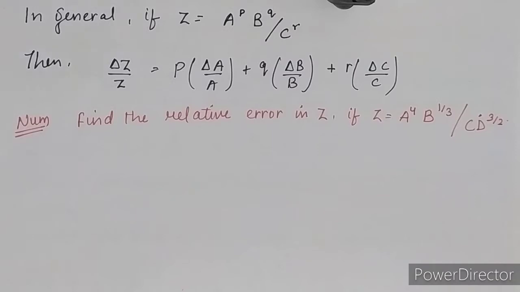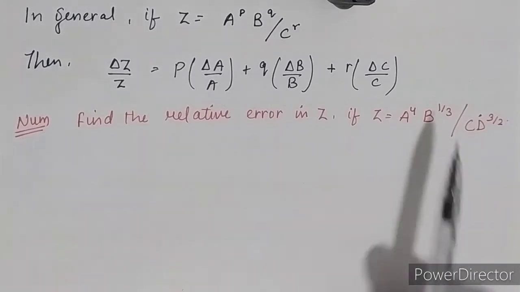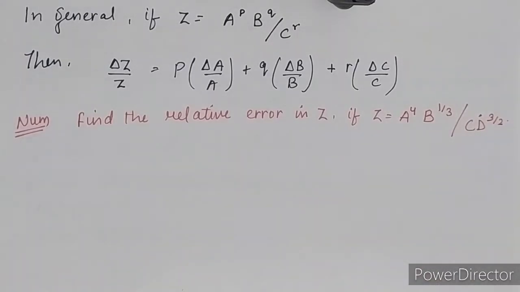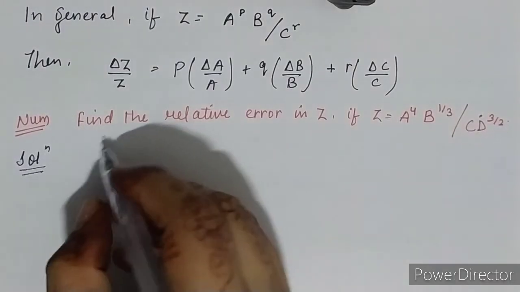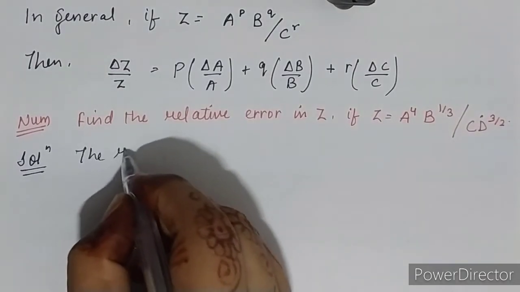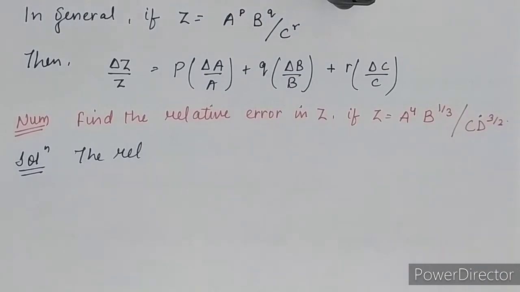So what we have to do? We have to take that many times the relative error of the individual quantity which has been given in the question. Simple as that. So the solution will be like this. Always remember, for the product question and for the raised to a power, we calculate the relative error, and for addition and subtraction we calculate the absolute error.